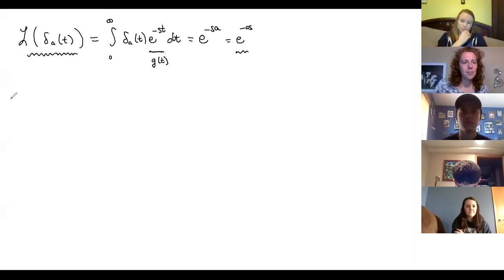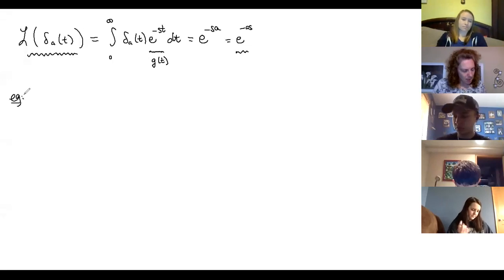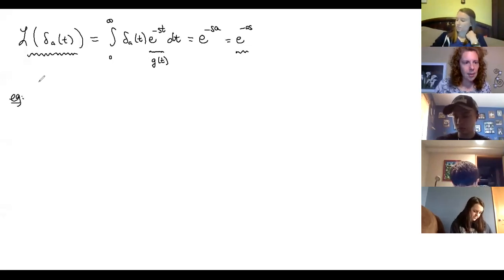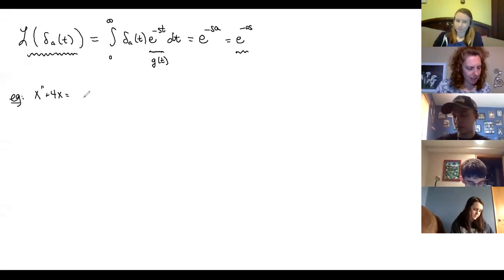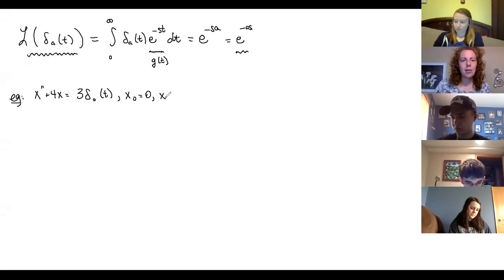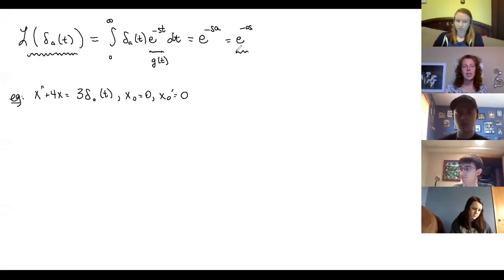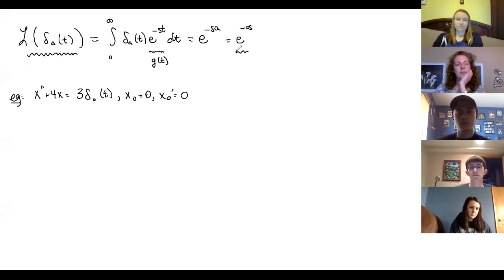For example, here's my differential equation. X double prime plus 4x equals 3 delta sub 0 of t.